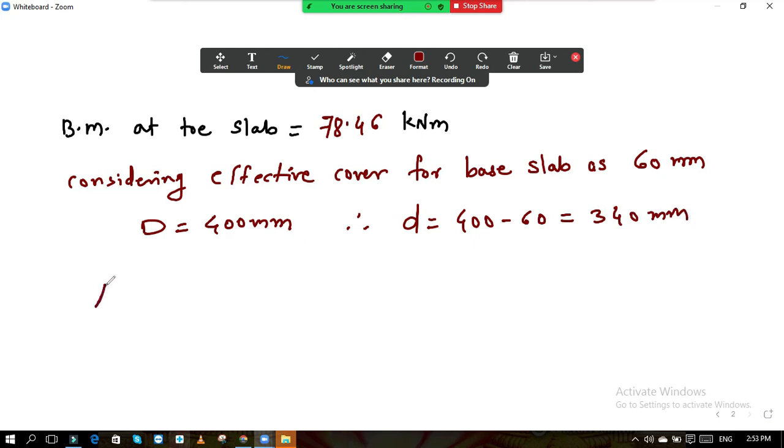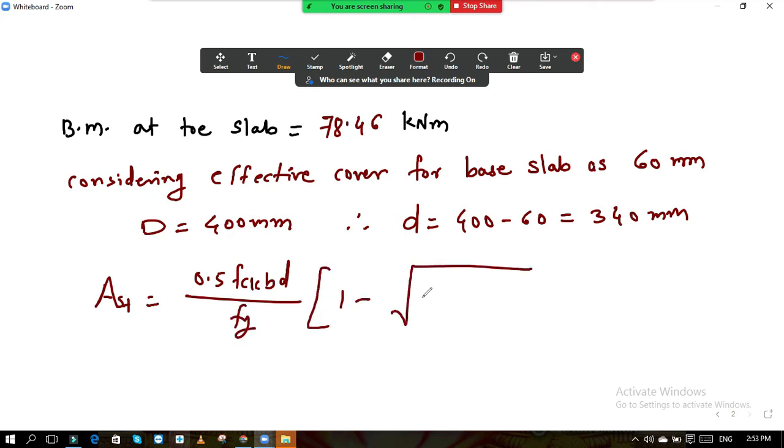Now AST is equal to 0.5 FCK BD divided by Fy in bracket 1 minus under root 1 minus 4.6 Mu upon FCK BD square. This is the formula for AST. Now just put the values. B is 1000, D is 340, Mu is also known to you.